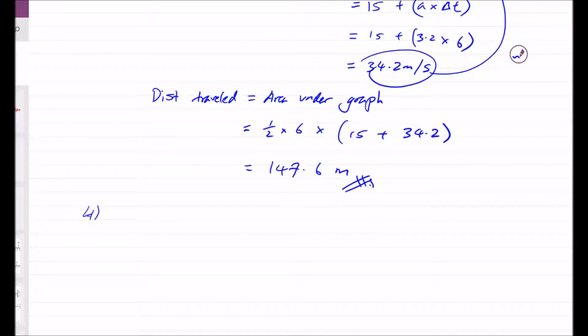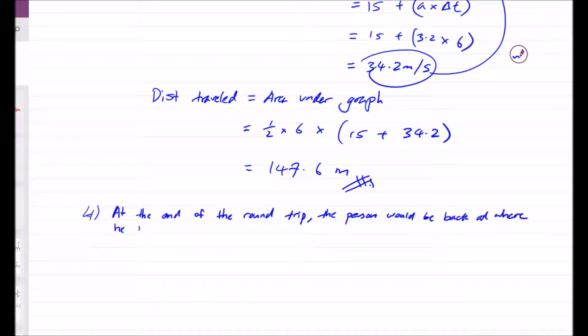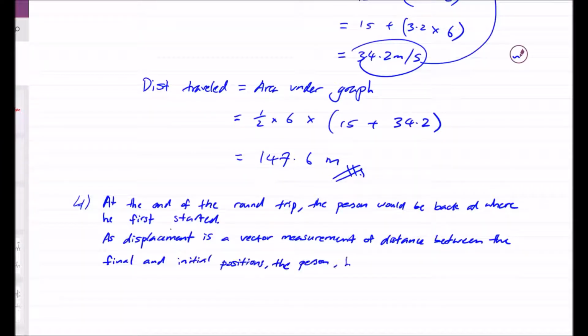Question 4. To answer question 4, you have to be very clear of the differences between displacement and distance. Distance is a scalar quantity, whereas displacement is a vector quantity which takes into account direction. At the end of the round trip, the person would be back at where he first started.